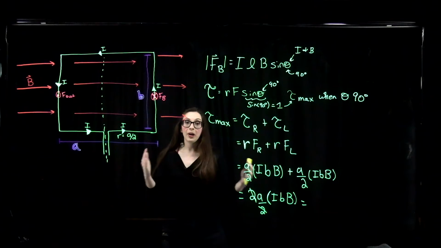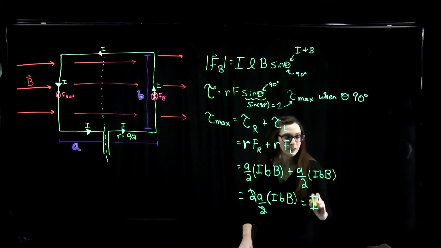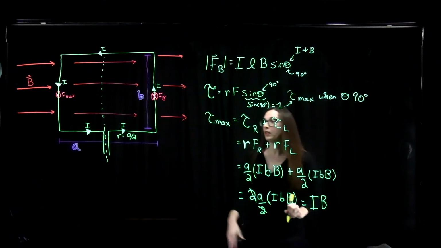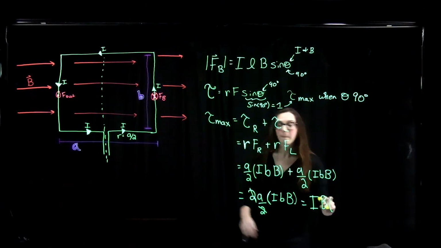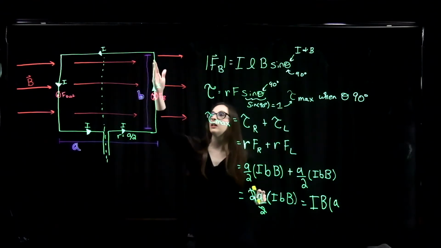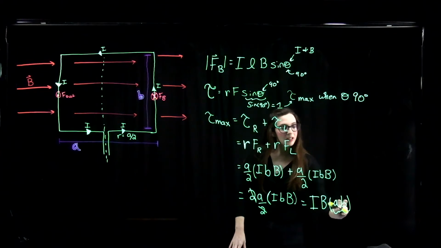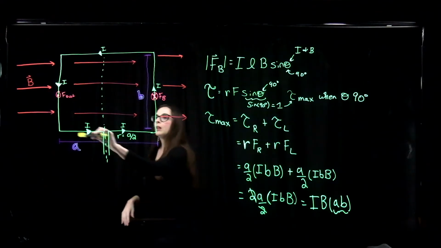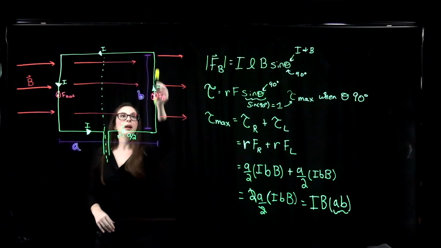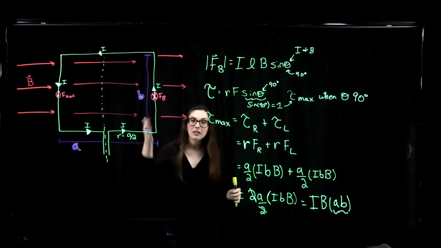So the maximum torque that I can get on my loop is going to be the current times the magnetic field times the length A of my loop times the length B of my loop. And this quantity, A times B, this side A multiplied by this side B, is a length times a width.